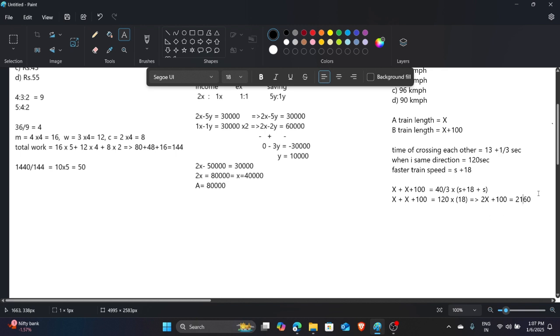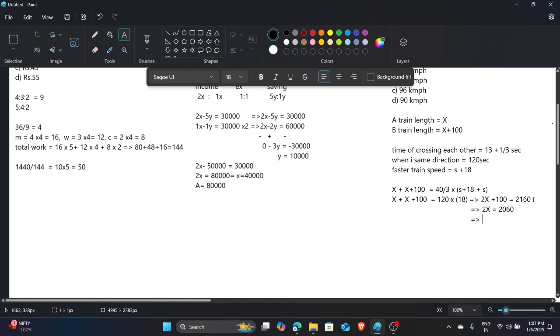This we get. Now in the next line, I have done it here only. So the 2x value is nothing but 100 goes in that direction, so it is minus. So 2x is 60.